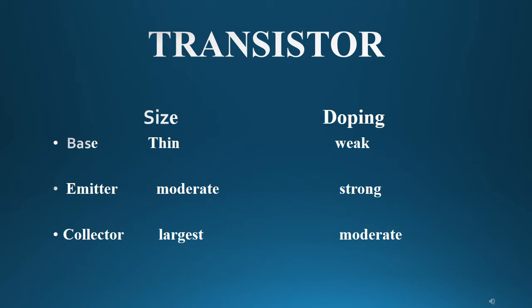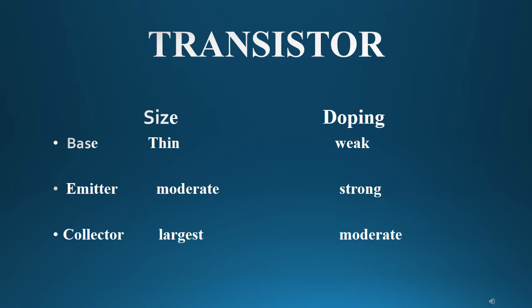What is the difference between these two p's? The difference of these three parts, we divide them by two characteristics. One, concentration of doping is different. Number two, size is different. So for base, size is small, doping is weak or thin. Then emitter, size is moderate, quite larger than base but smaller than collector.